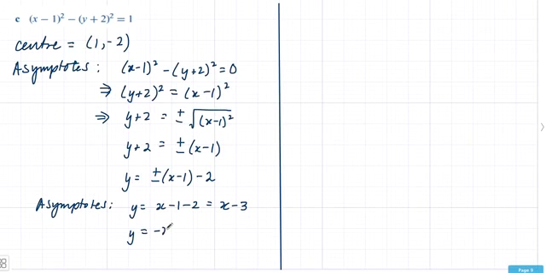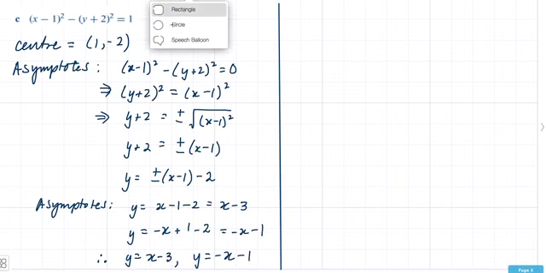So negative x, the minus and the minus becomes a plus, and then that's just a -2. This doesn't change, because you've put it on this side, it's a negative, so it doesn't get affected by the plus minus part. So this is negative x minus 1. So we've got two asymptotes, y = x - 3 and y = -x - 1. I'll put a box around them.